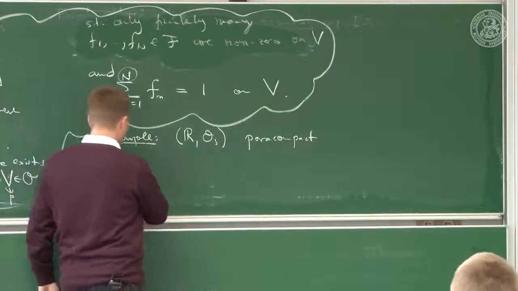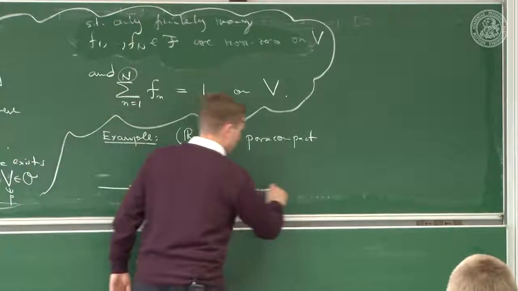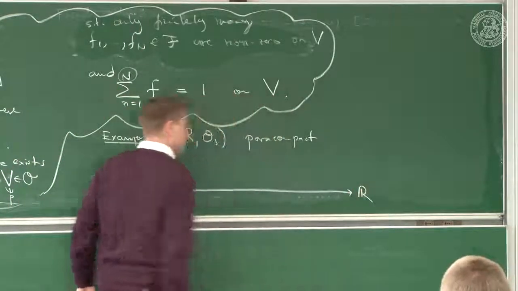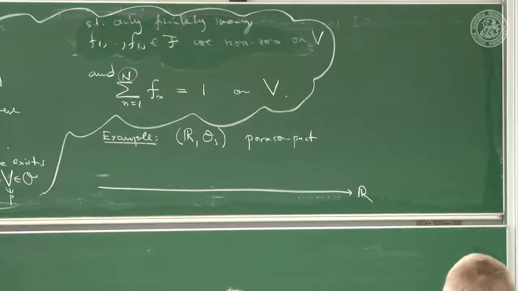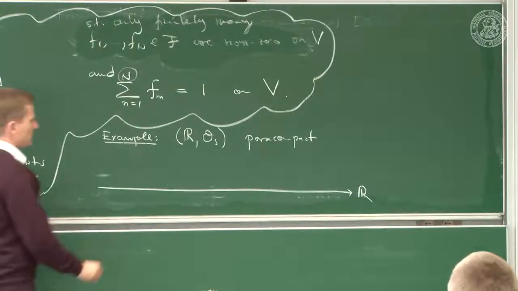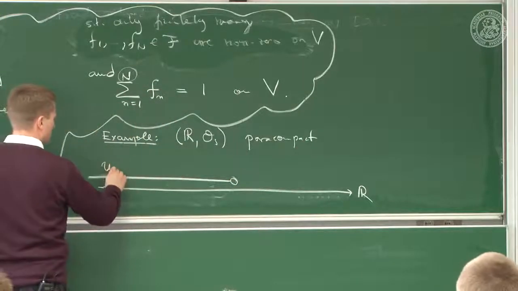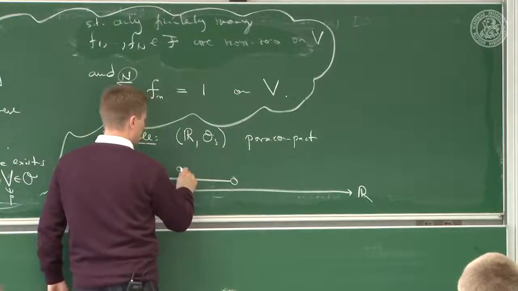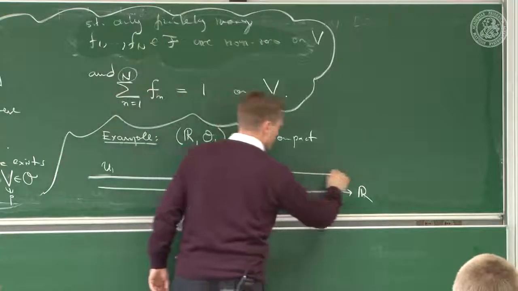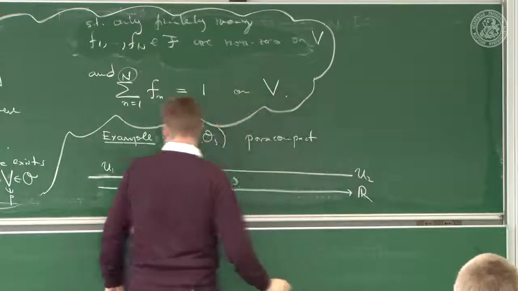So let's draw again the real line. That's the real line. And now, it's true for any open cover, so I take this open cover. I take this open set as U1, and I take this open set as U2.